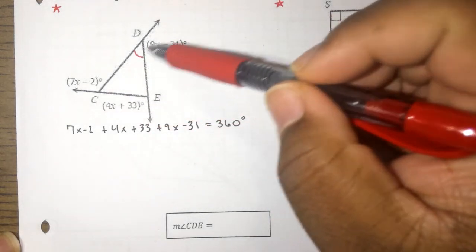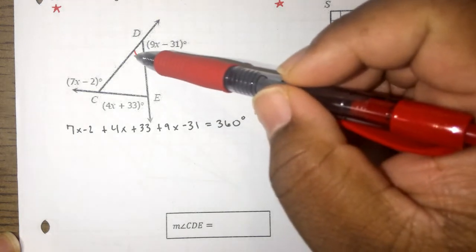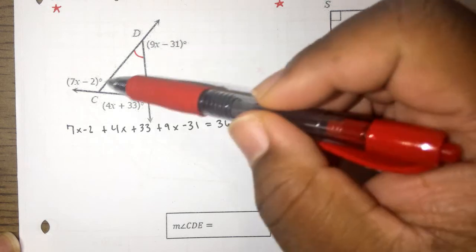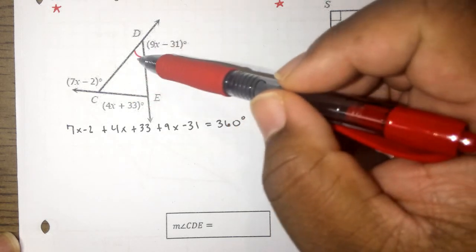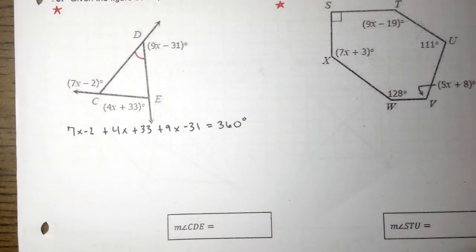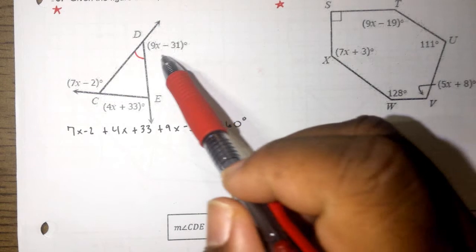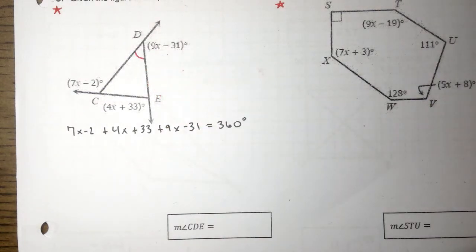So this angle next to this exterior angle right here, this adjacent angle that we need to find, CDE, is supplementary because these two angles here and here form a linear pair. So I can just subtract from 180 once I plug back into this one right here, and I'll get my answer. That's what you should be able to identify from that.